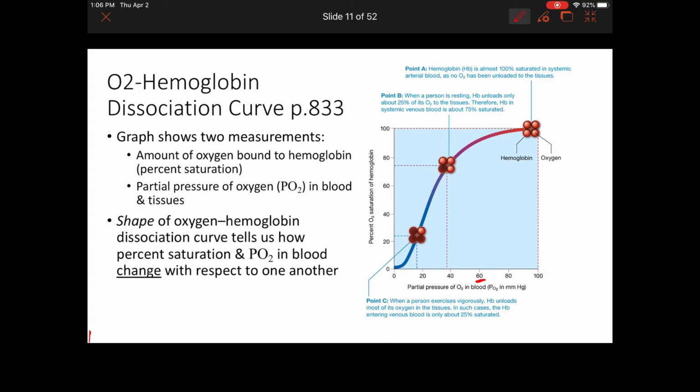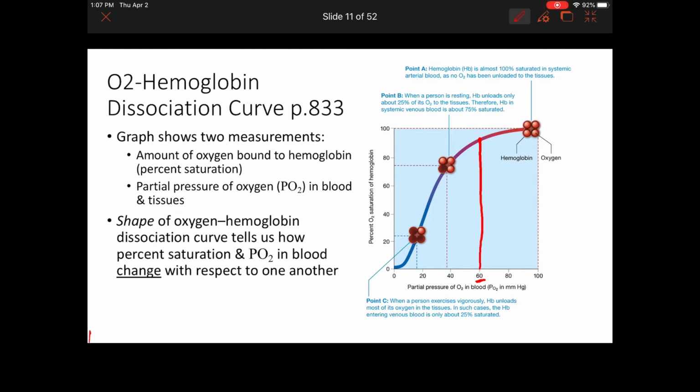So in order to determine this, the first thing we need to do is draw a vertical line at partial pressure of 60. So let's draw a roughly vertical line until it touches our dissociation curve.